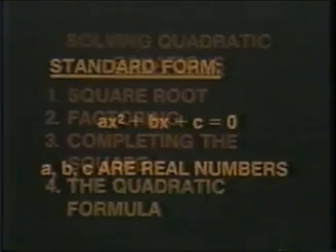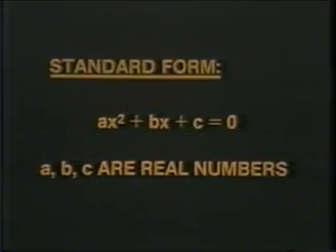You already know the standard form, something x squared and something x and something, where the three somethings written here as a, b, and c are real numbers. For example, in this equation, a is 2, b is 5, and c is -7.